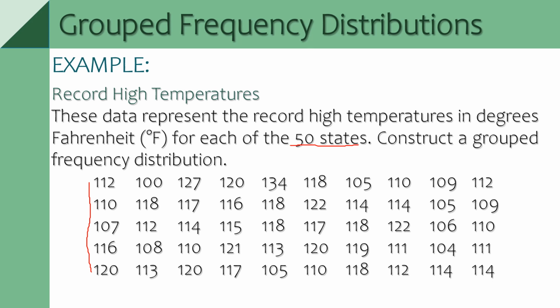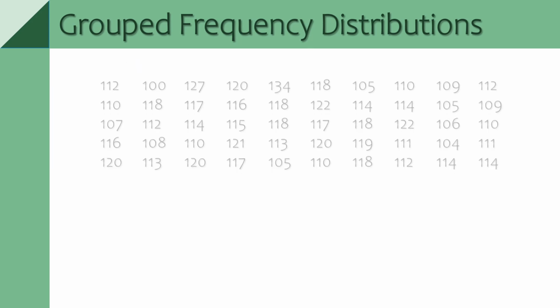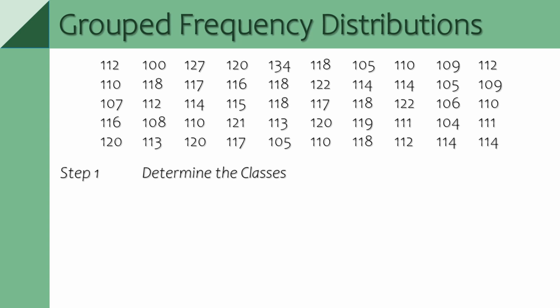Okay, so next is, let's start with step number 1, determine the classes. Okay, so first one is find the highest values and then the lowest values. So in this data set, ano yung highest value? So try natin tingnan. 112. Okay, so we have here, yung highest value natin is 134 and then the lowest value natin ay 100.